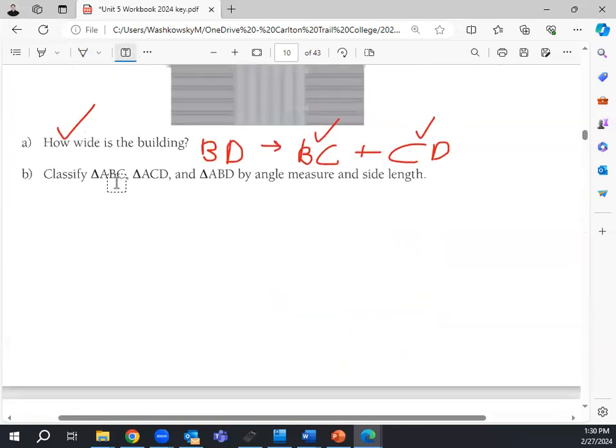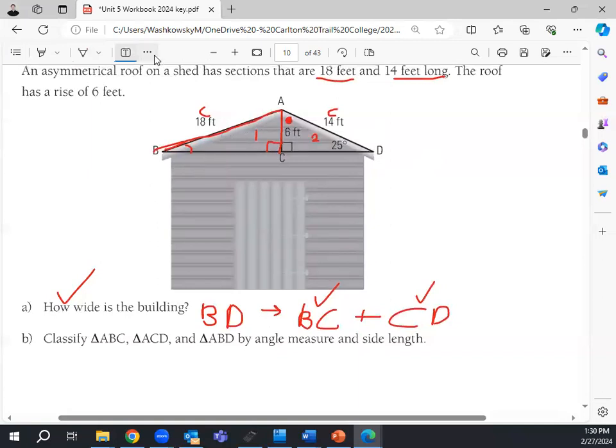We're going to start with triangle ABC. Let me erase some of my markings here. Triangle A, B, and C, that's this triangle here, right? First off, if we're looking at our angles, you can immediately tell there's a right angle, because it's a straight line. But now we have to know the sides.